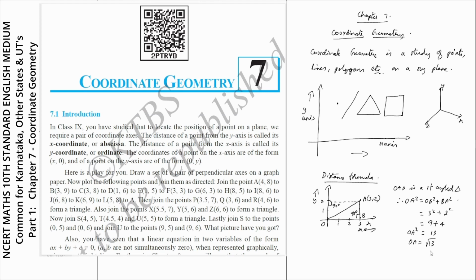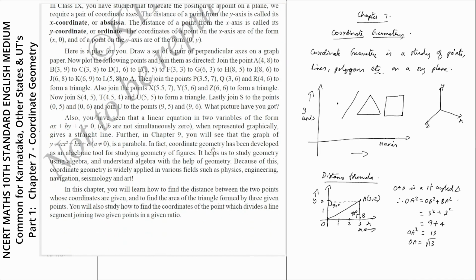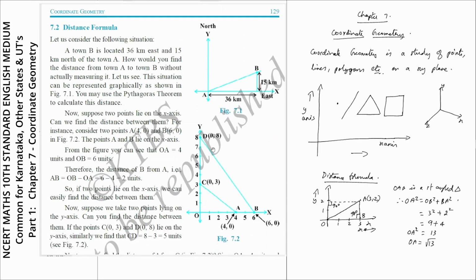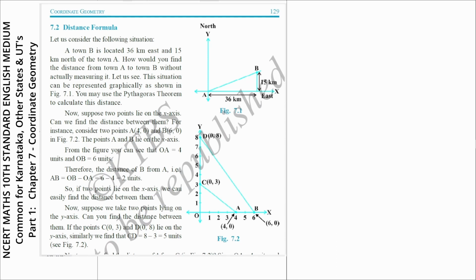So this is the simple distance formula of a point from the origin. In the textbook also this explanation has been given. You can see here the distance formula. Now consider an xy plane.